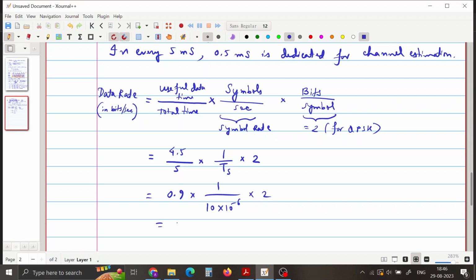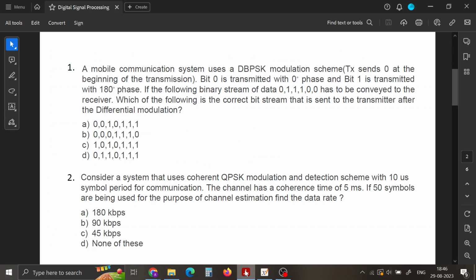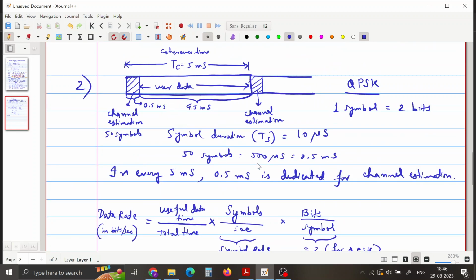So this is 1.8 into 10 to the power 5 bits per second, which is 180 kilobits per second. That's your data rate. So option A is the answer. Simple, straightforward.